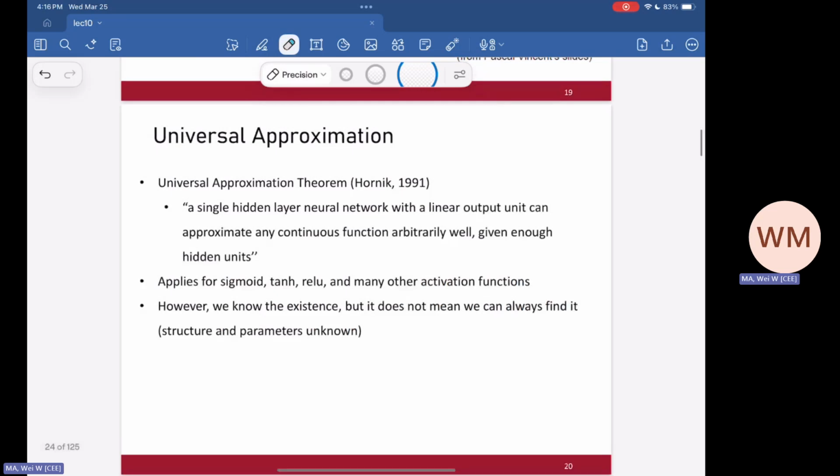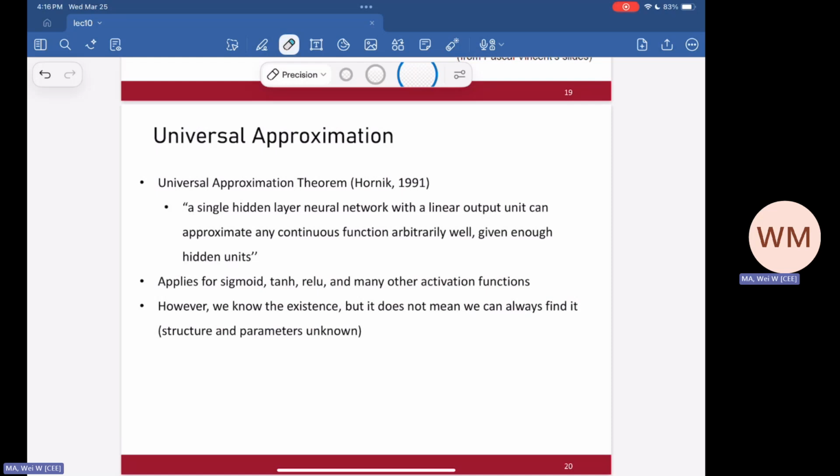Okay, so this one is not very useful, but I should mention it. In the past there are many people who tried to prove something we call universal approximation.